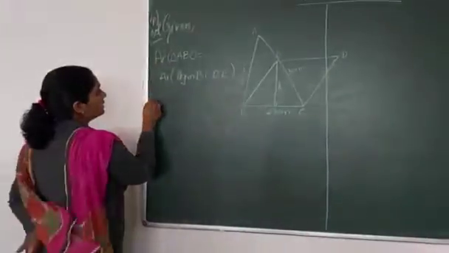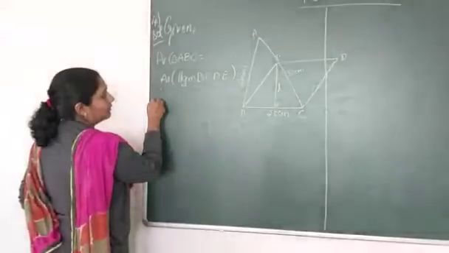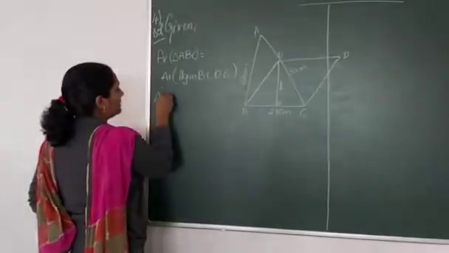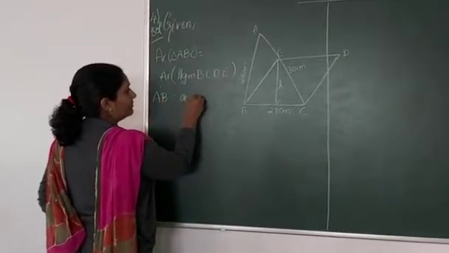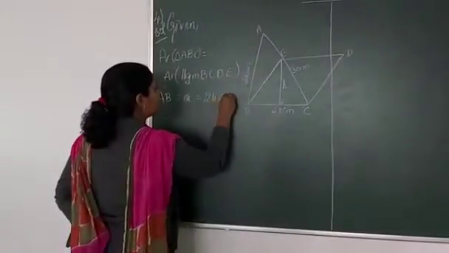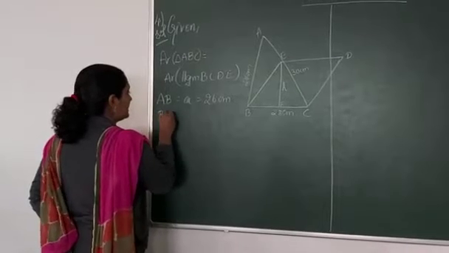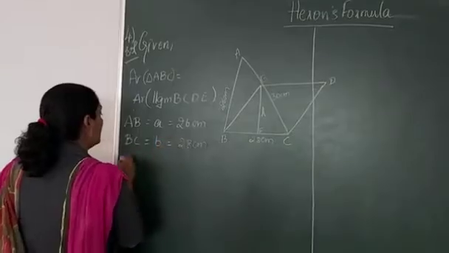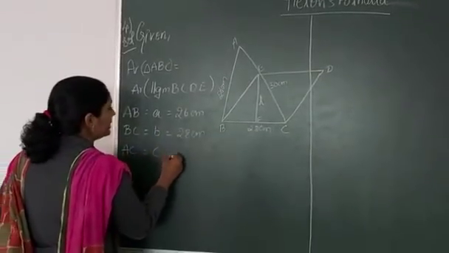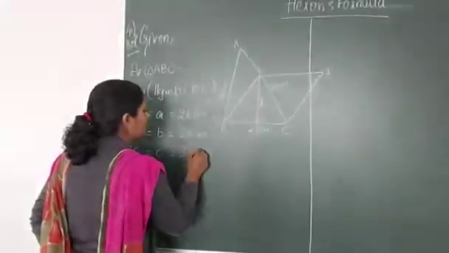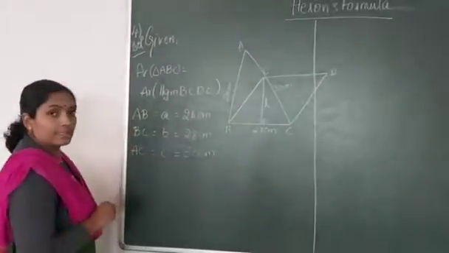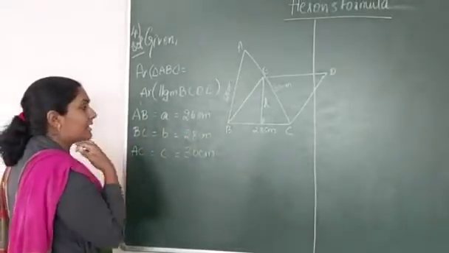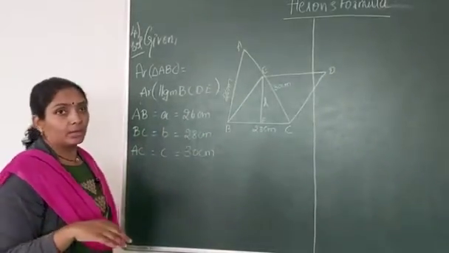And the dimensions of the triangle ABC, which is AB, let this be a, which is equal to 26 centimeters, and BC, let this be b, which is 28 centimeters, and AC, which is c, which is 30 centimeters. This is what is given. And this BC, the value of b, which is 28 centimeters, is one of the sides of the parallelogram, right?